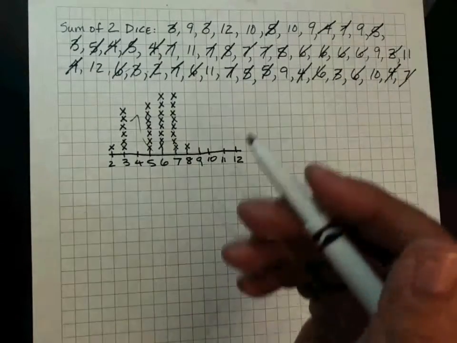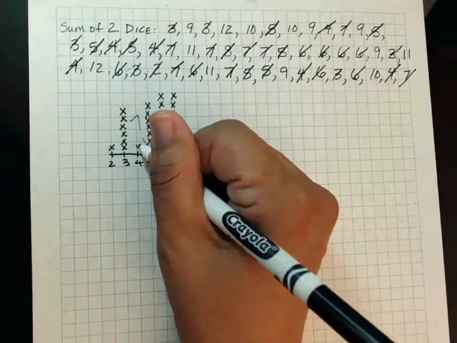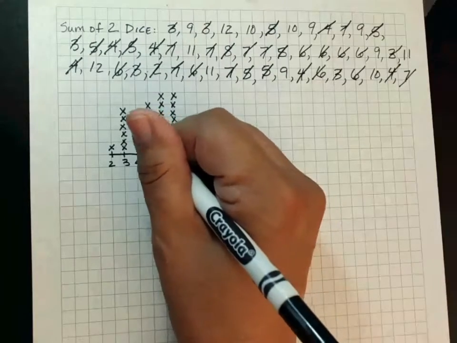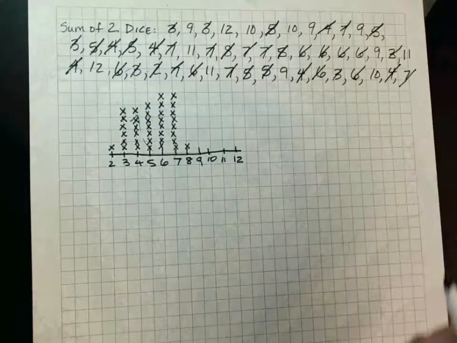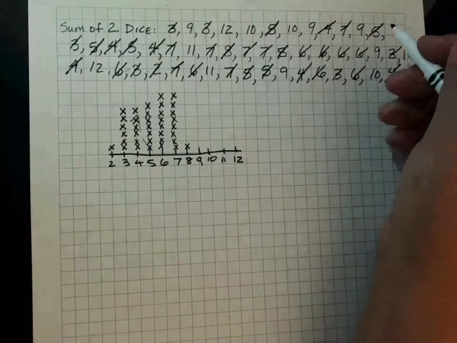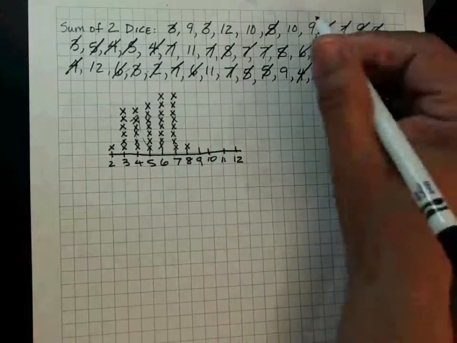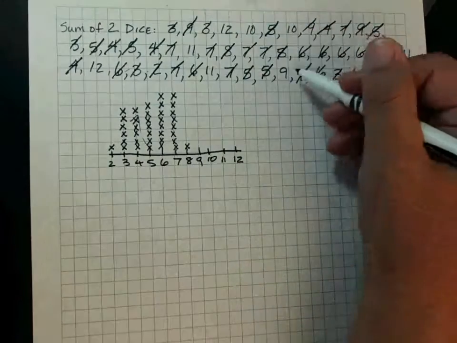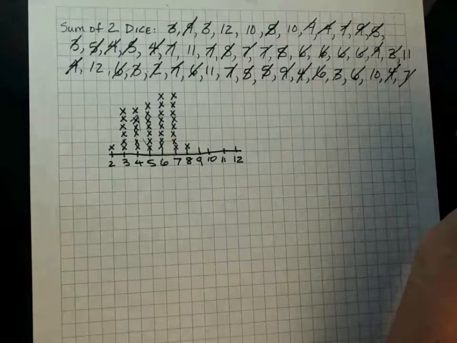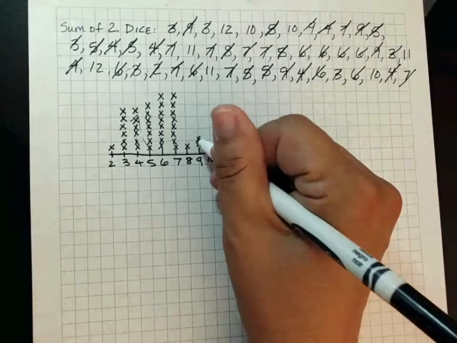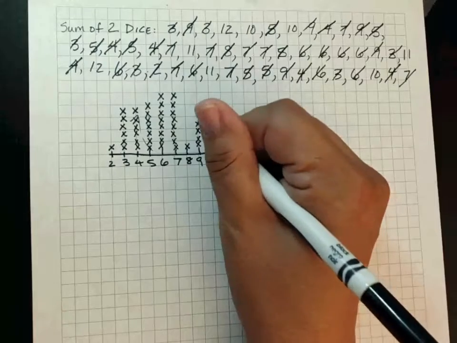Looks like I have 6 4's. And 9's: 1, 2, 3, 4, 5.